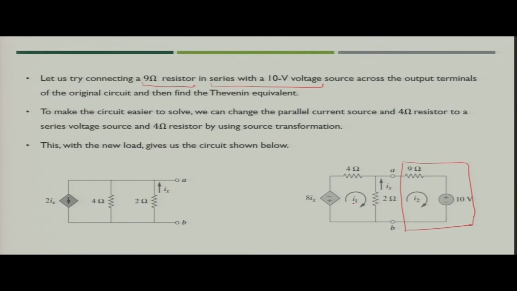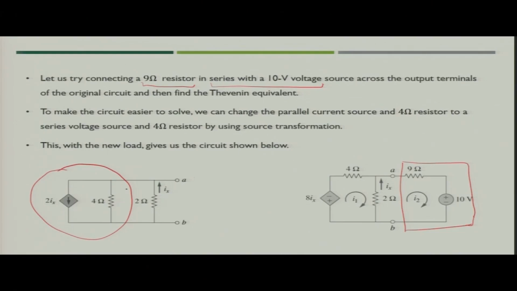Suppose you are not following the Thevenin theorem and you want to analyze this circuit, what will you do? You will simply look at the circuit. If you see this particular segment, you will see that one current source is in parallel with one 4 ohm resistance, right. So, what can you do?